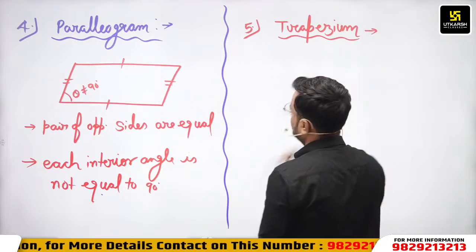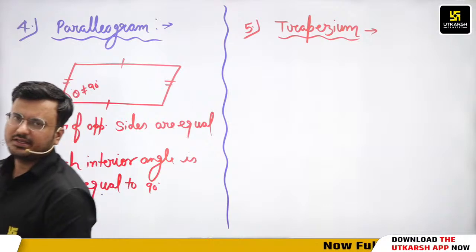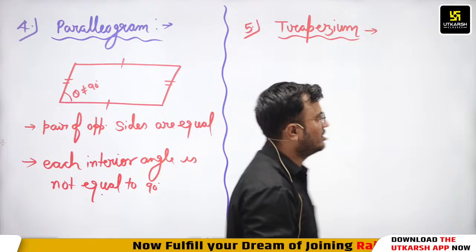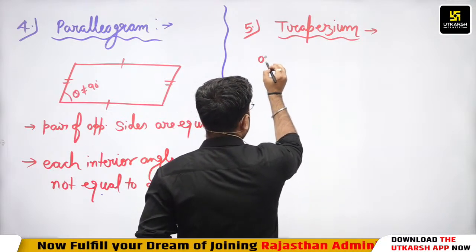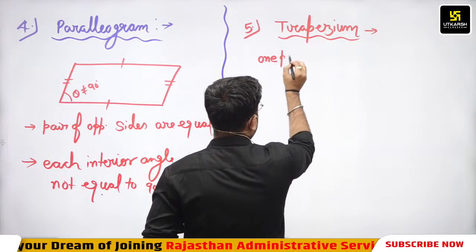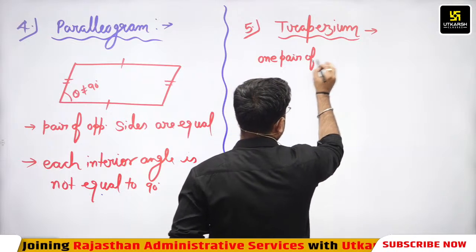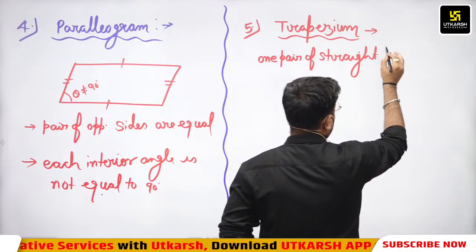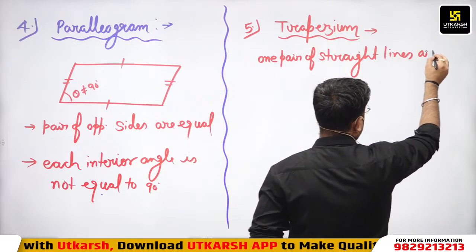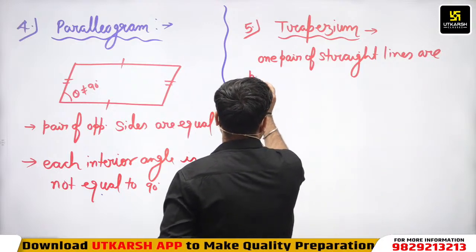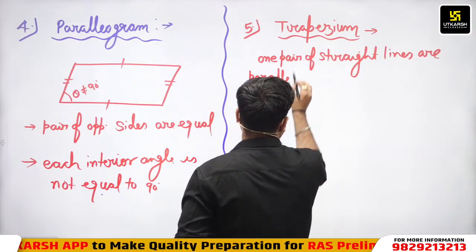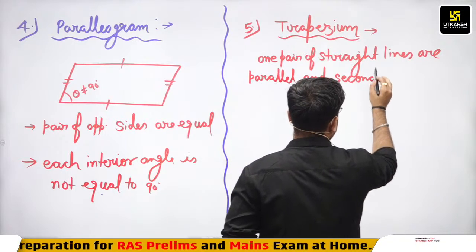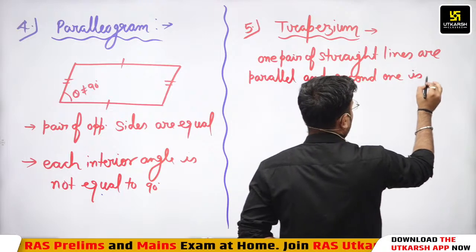In a trapezium, one pair of straight lines is parallel to each other and the other pair is intersecting.